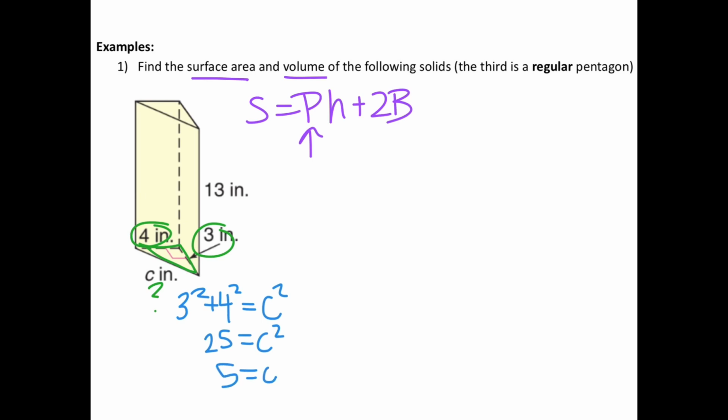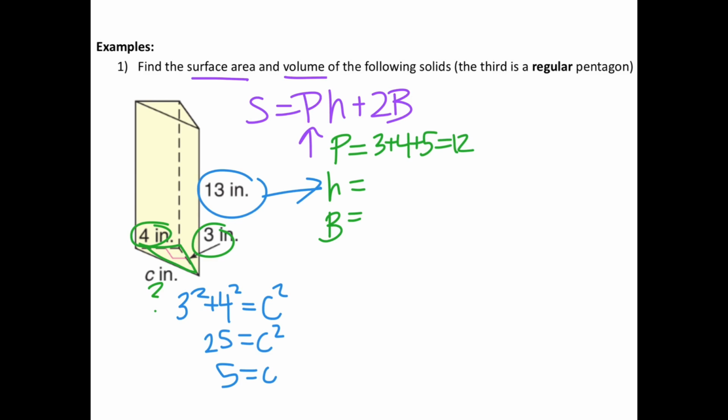My suggestion, and what you'll see in my work here, is that I'll go through and figure out P, H, and B, because those are the 3 variables that I need to find the surface area, and then I'll have the work that goes along with it. So the perimeter would be 3 plus 4 plus 5, which equals 12. The H is the height of the prism, so that's going to be 13. And the area of the base is 1/2 base times height of just this triangle.